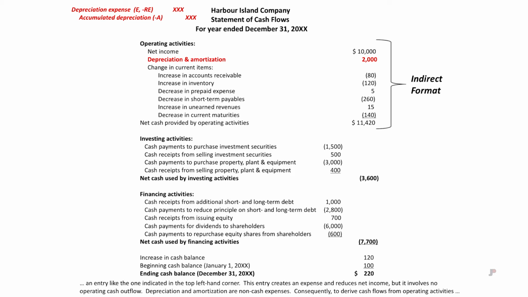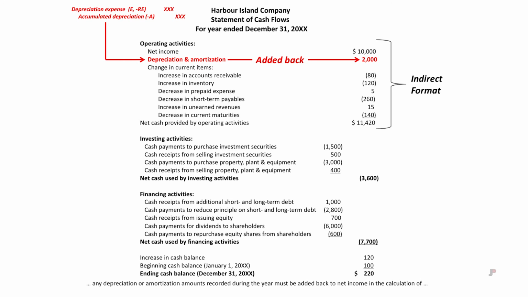Depreciation and amortization are non-cash expenses. Consequently, to derive cash flows from operating activities, any depreciation or amortization amounts recorded during the year must be added back to net income in the calculation of net cash provided by operating activities. This is true for any non-cash expense.